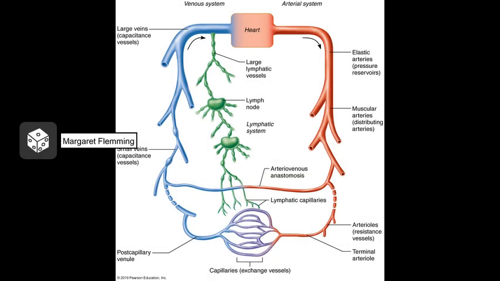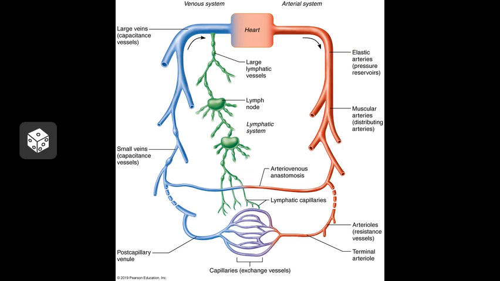Let's take a look at a blow-up of that first circulatory picture we took. Again, as blood leaves the heart, it does so through elastic arteries. These have the ability to maintain high pressure. They exhibit elastance, which means that they will return to their pre-stretched state.